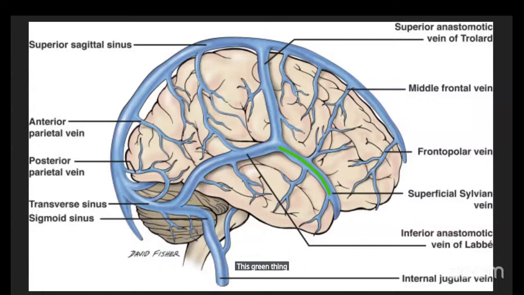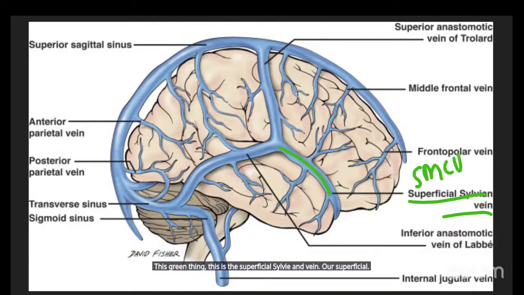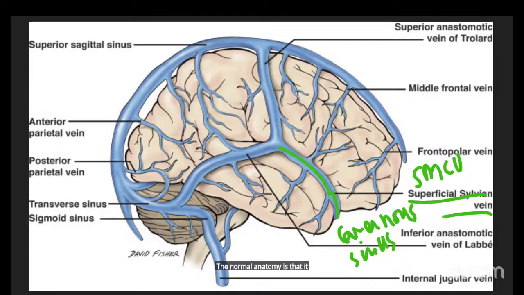This is the superficial Sylvian vein or superficial middle cerebral vein, our favorite vessel in the Sylvian fissure, and we know that this curve here is going to end up around the sphenoparietal sinus. Sometimes this also drains directly into the cavernous sinus. That's rare, that's a variant. The normal anatomy is that it will drain into the sphenoparietal sinus, and then the sphenoparietal sinus will go either into the inferior petrosal or the cavernous sinus, depending on the patient.